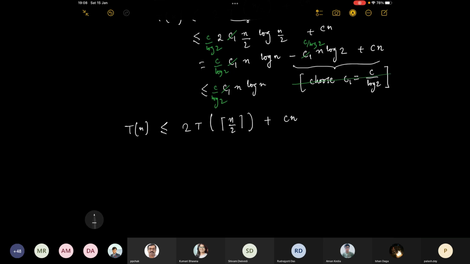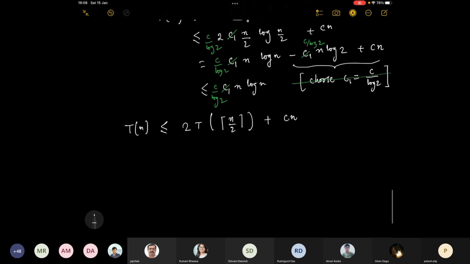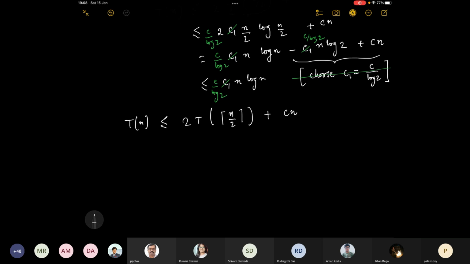Now what I do is, I'll always assume that T is an increasing function. That means if I replace the argument of the function with something higher, then the value of the function will only increase. So let me replace ceiling of n by 2 with n by 2 plus 1, an upper bound of ceiling of n by 2.